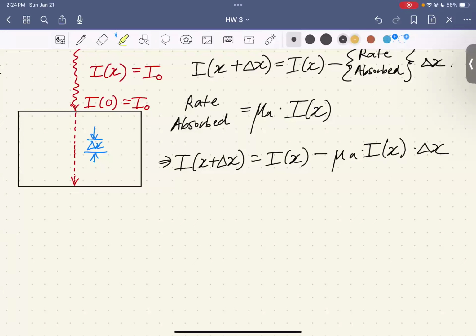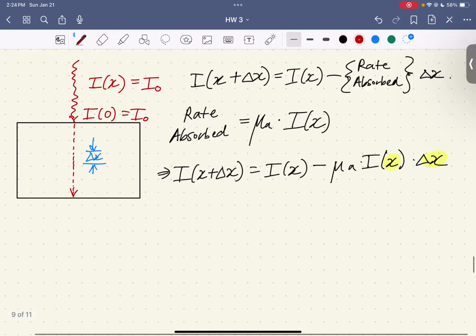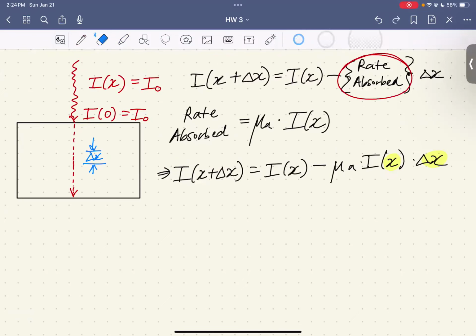The answer is no. And why is that? It's because as we move in x, we actually know that our local intensity is changing. So that means our rate absorbed is changing with our position in x. So let me write that out.